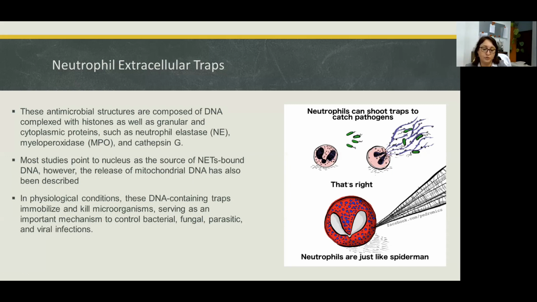Why mitochondrion? Most studies point to nucleus as the source of nets-associated DNA. However, the release of mitochondrial DNA has also been described in the net structure. This phenomenon is associated with so-called non-lytic net release.